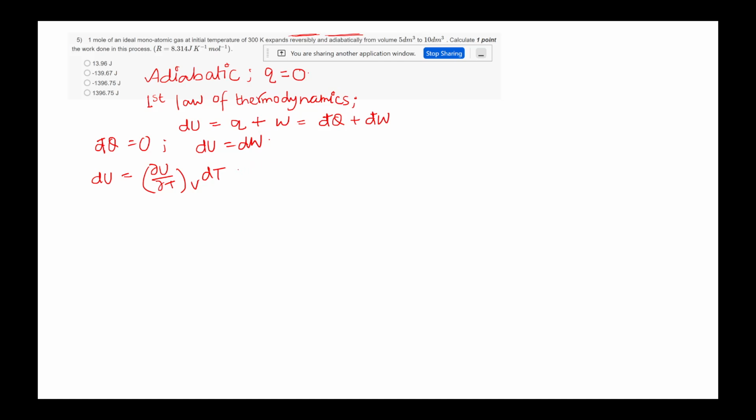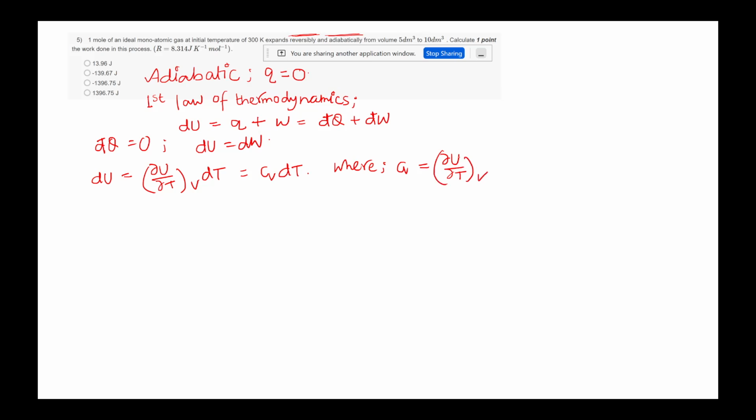Now here, since this is an ideal gas, U is not a function of any other things like P or V, so we can write it in this fashion only, and this is Cv dT, where Cv is equal to (del U / del T) at constant V.